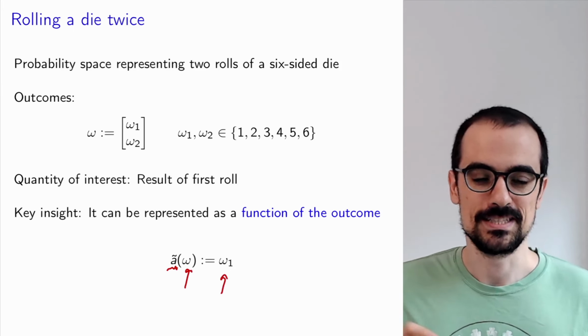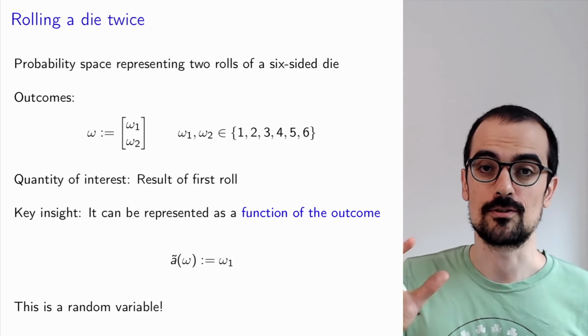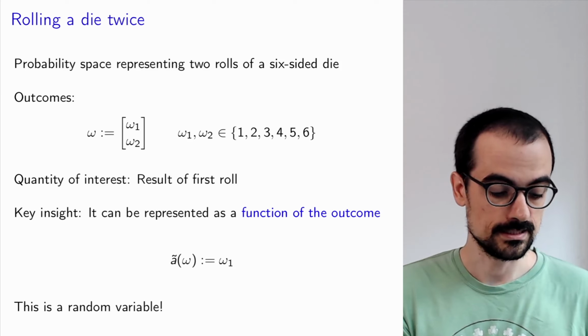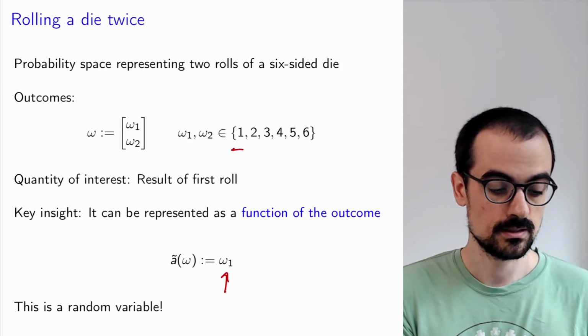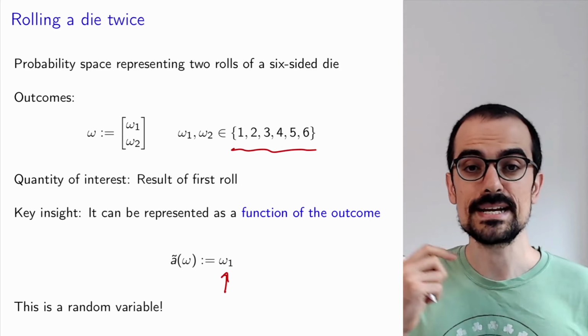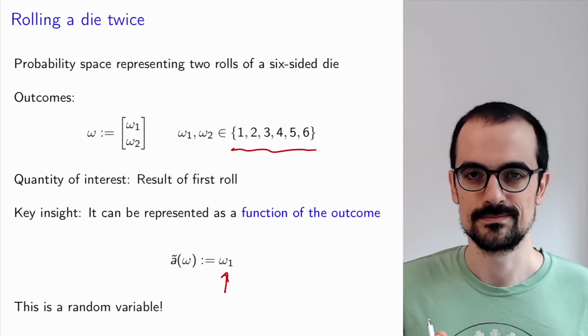And that's it. This is a random variable. It's a function from the sample space to the real numbers. Realize that this gives you a real number that is 1, 2, 3, 4, 5, or 6. And now that function somehow represents the outcome of the first roll, if that makes sense.